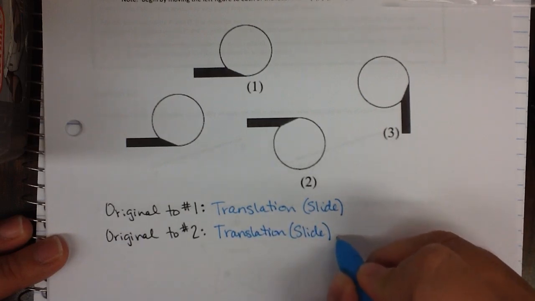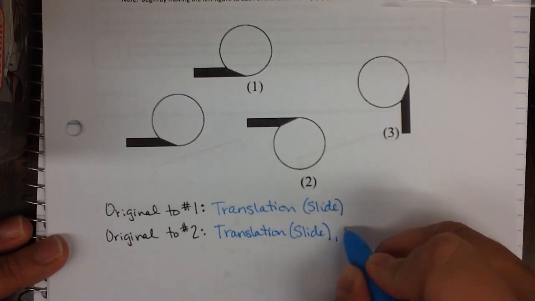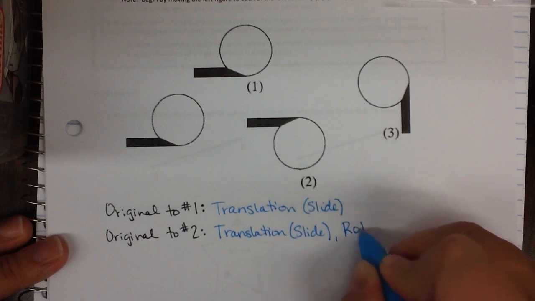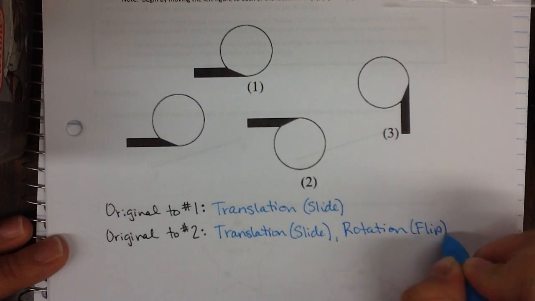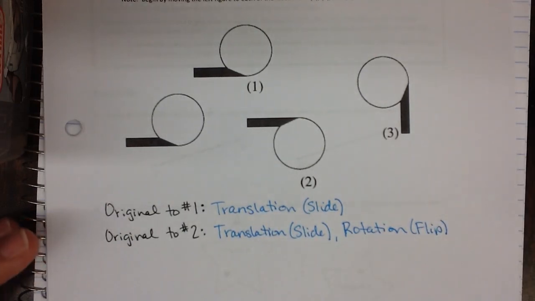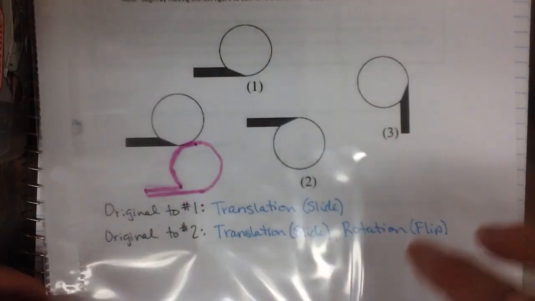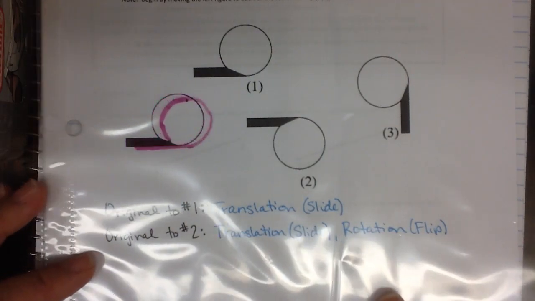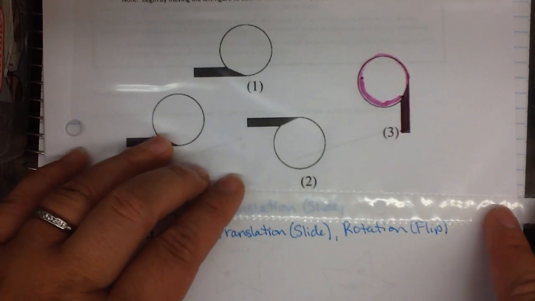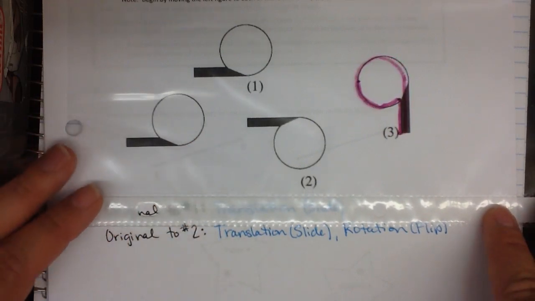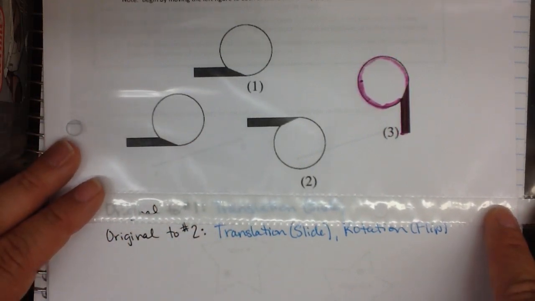And then a flip, a rotation, which is a flip. Okay, and then I'm going to go back to the original, and I'm going to just do a rotation or a turn to get to number 3.